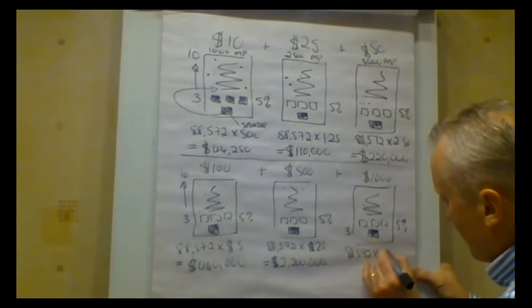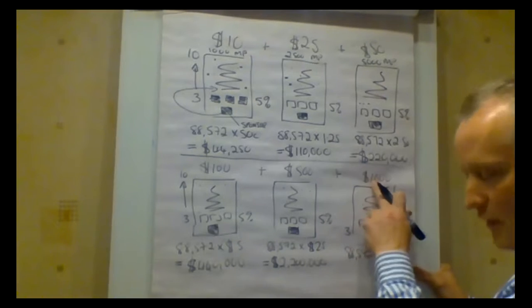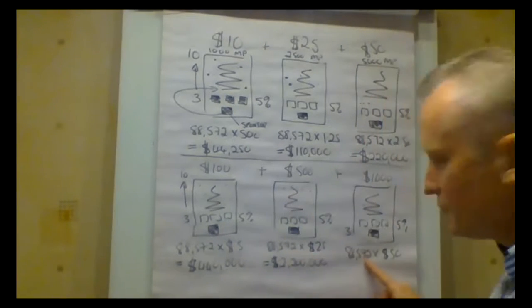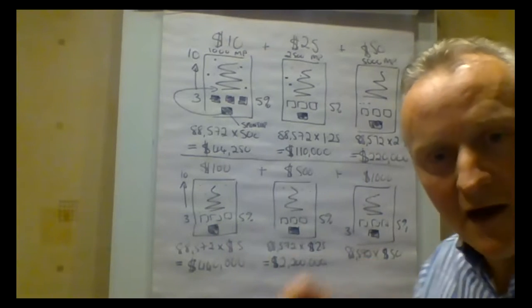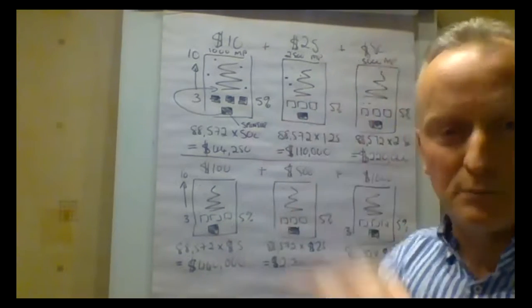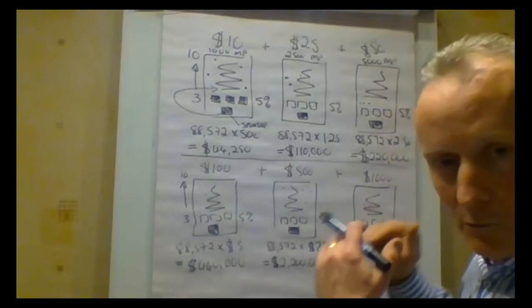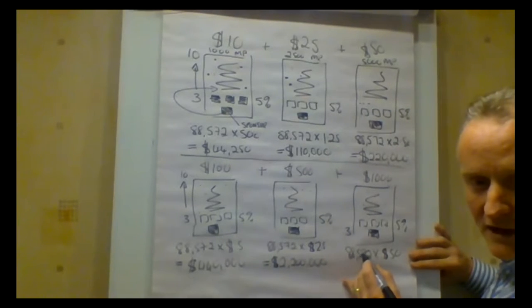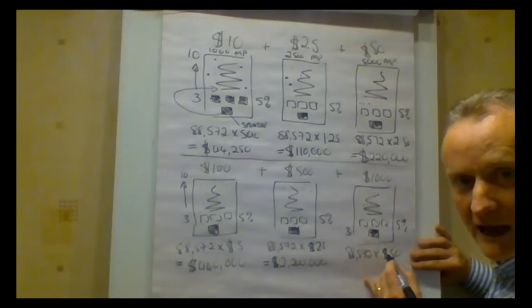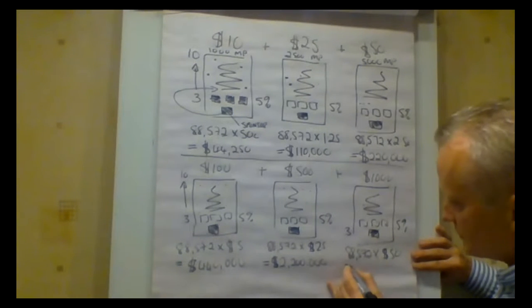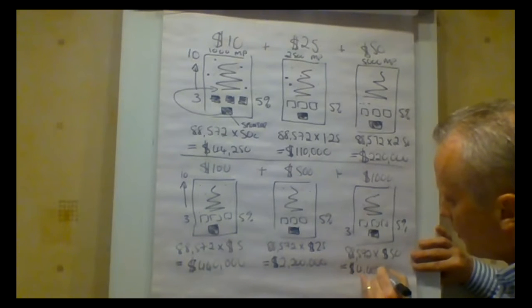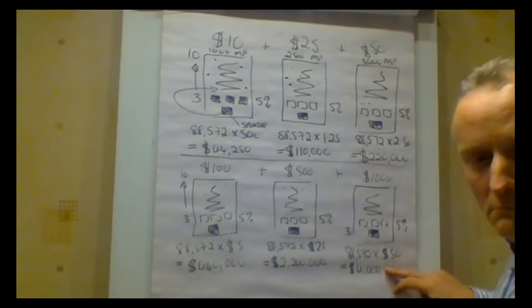That's correct. 5% of $1,000 is $50. You're getting $50 on 88,572 transactions. That is the potential. If you build this, and we can show you how to do that, your potential is $88,572 multiplied by $50. The total potential here is approximately somewhere in the region of $4.4 million.